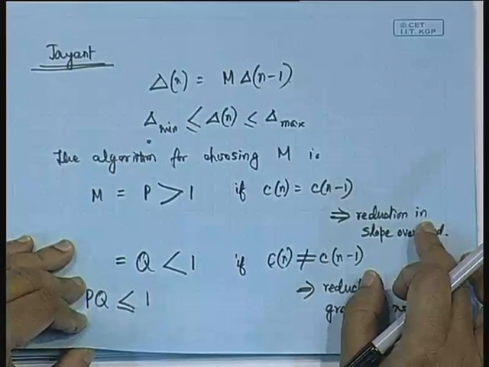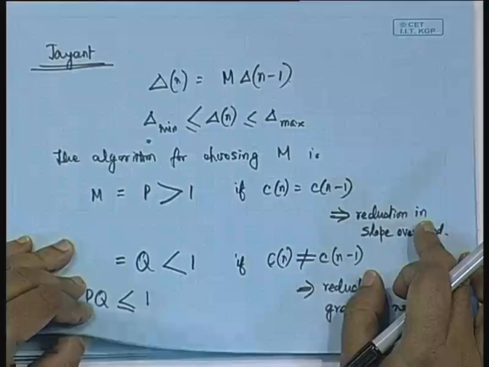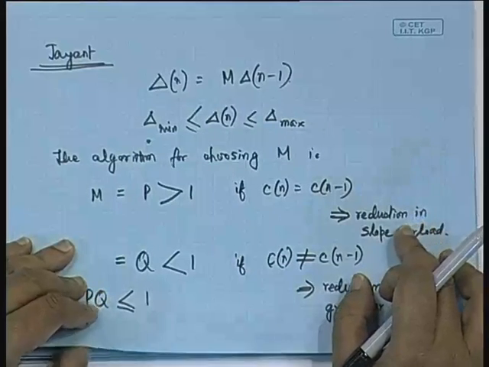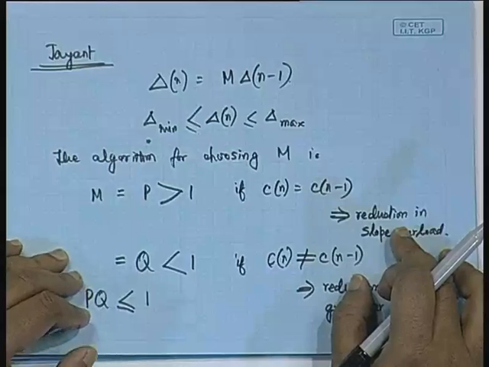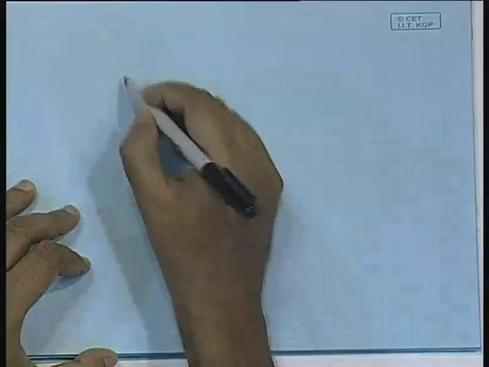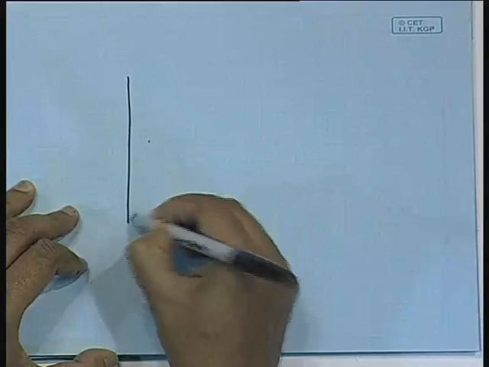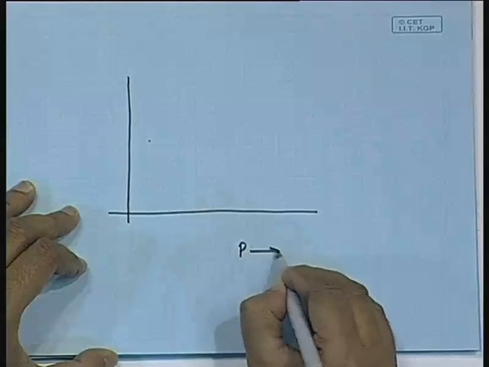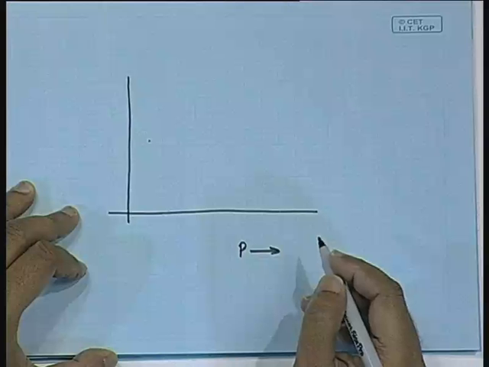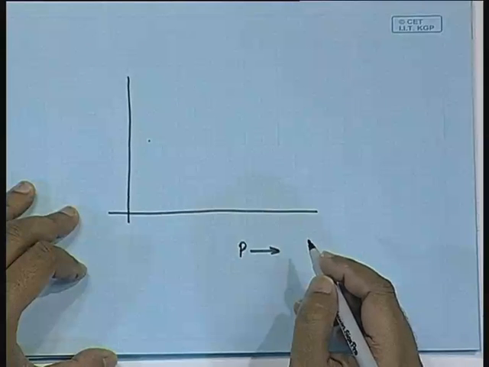Now, just to show you the performance, let us show what kind of performance curves one gets by varying this P and what kind of SNRs we obtain. The characteristic is somewhat similar to this: on the x axis let us plot P, P being the multiplier, a quantity greater than 1.